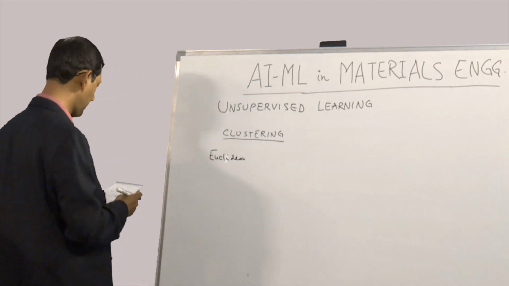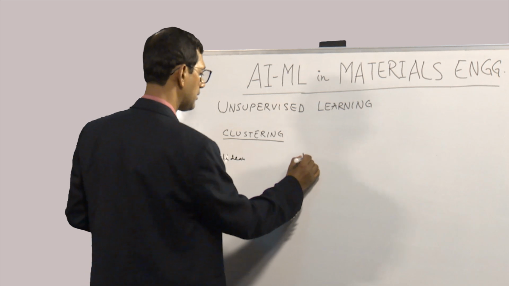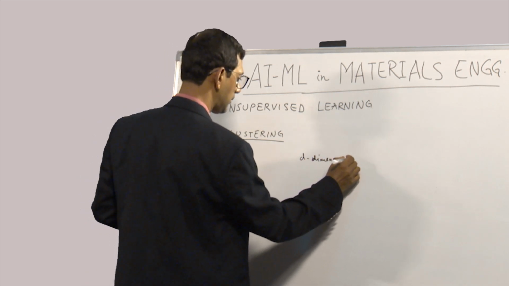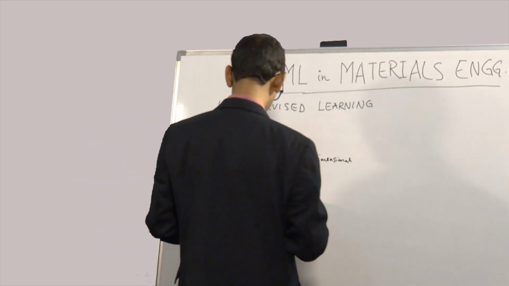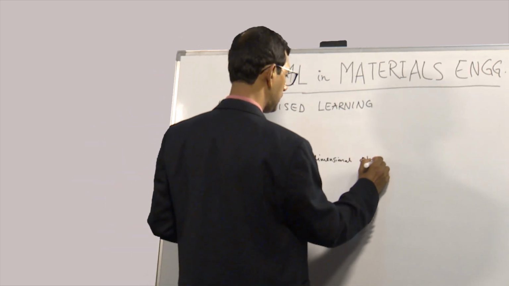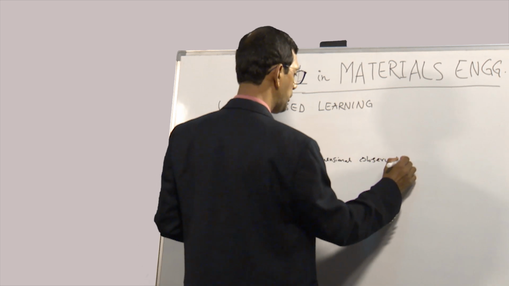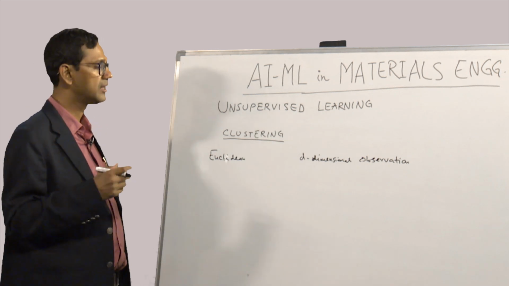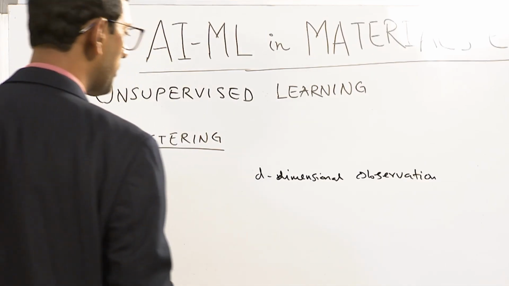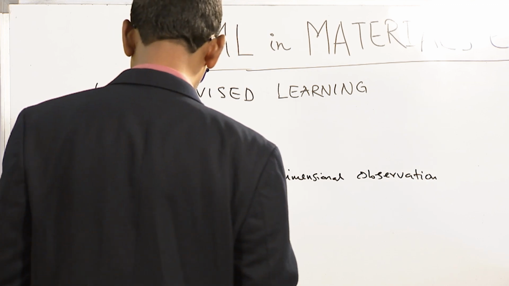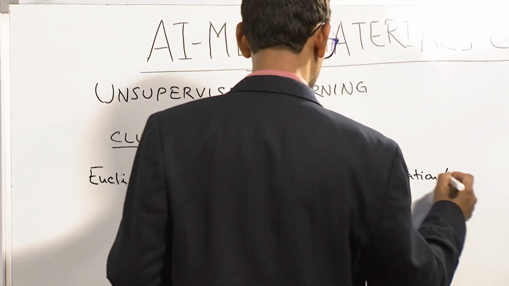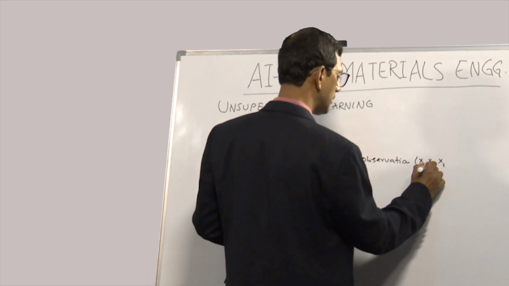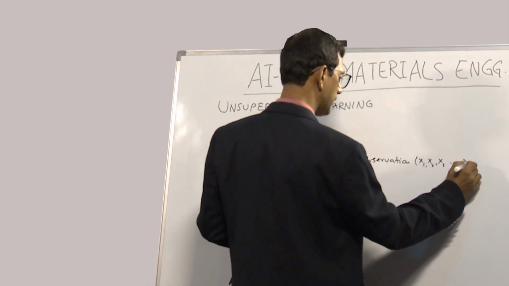So, you have a d-dimensional observation. I hope you understand what is the dimension. It can be 1 dimension, 2 dimensions, 3 dimensions, n dimensions. So, it is a d-dimensional observation. D can be 1, 2, 3, 4, 5, 6, many things. And observations are like this: x1, x2, x3 up to xn.